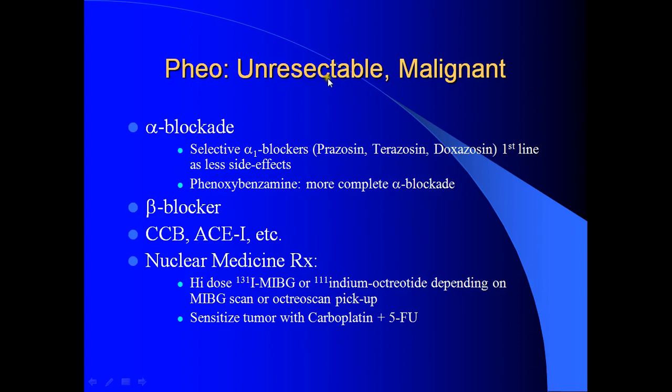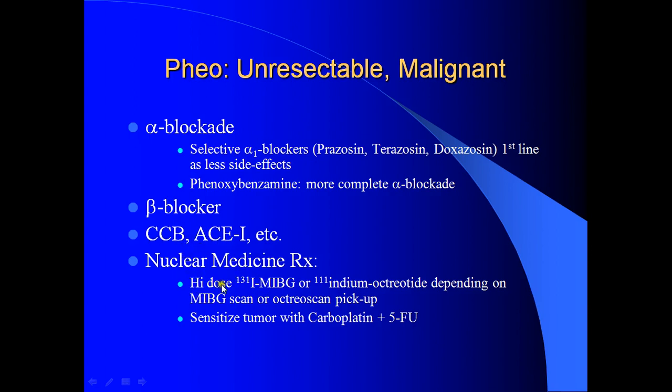If it is unresectable or malignant with metastatic spread, how are you going to treat? You give alpha blockade, either selective alpha-1 or phenoxybenzamine, which gives a complete alpha blockade, along with a beta blocker, calcium channel blockers, and ACE inhibitors to control the hypertension.